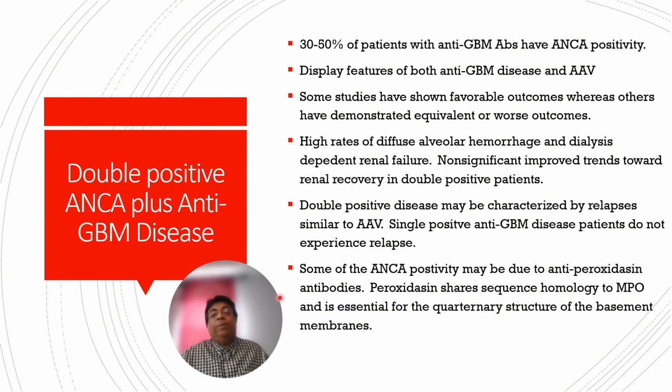That's why one would develop anti-MPO antibodies. But peroxidase is essential for the quaternary structure of the basement membranes. That's why you have anti-GBM antibodies. So peroxidase can give rise to both anti-ANCA and anti-GBM antibodies, dual positivity.